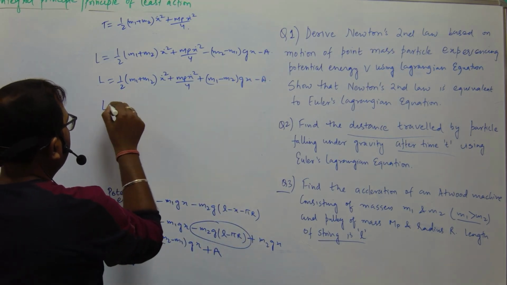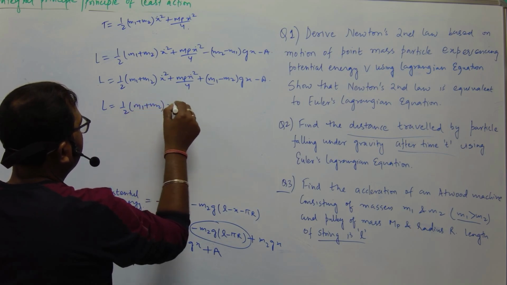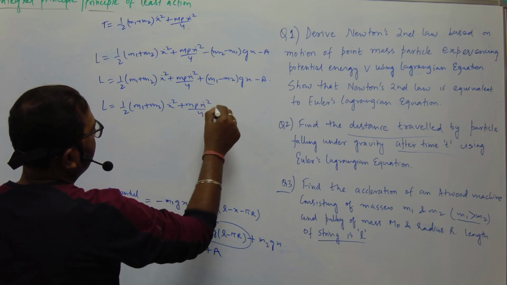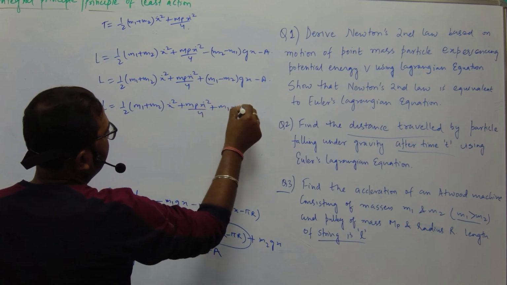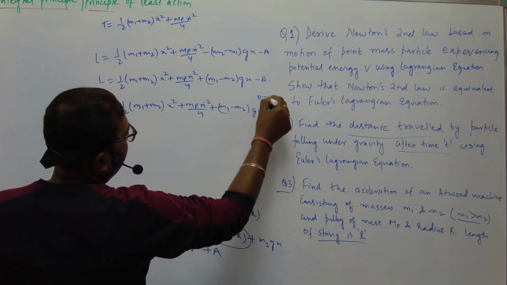From here we have L is equal to half of m1 plus m2 x dot square plus mp x dot square upon 4 plus m1 minus m2 g x plus a constant.